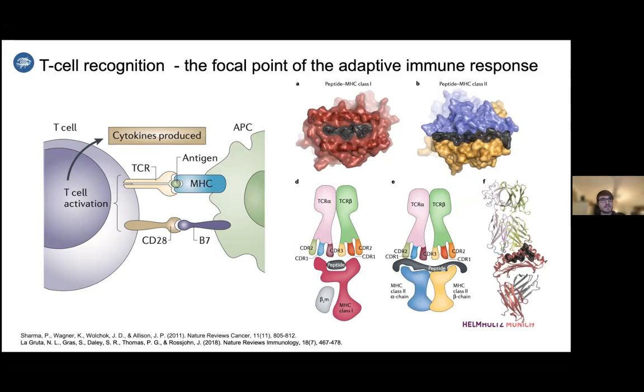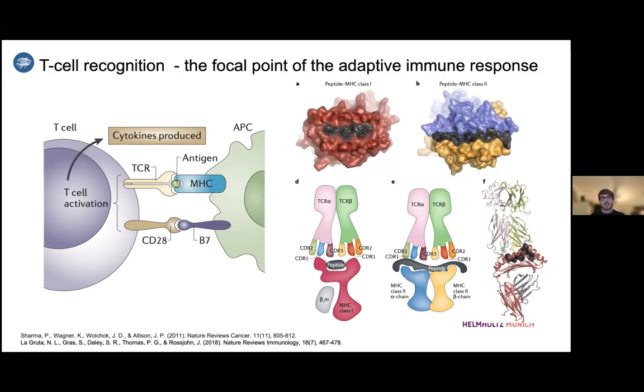The T-cell receptor itself is a heterodimer consisting of an alpha and beta chain, and both have three different loops that usually interact with the MHC peptide complex. Specifically, the so-called CDR3 region is supposedly in contact with the peptide. And so this determines whether a T-cell receptor is really recognizing a peptide and therefore gets activated.